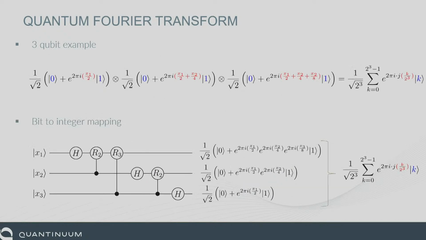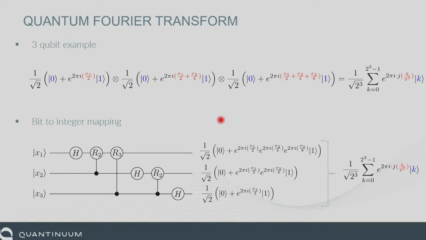But basically, you can map from the non-Fourier coefficients into the Fourier coefficient states. You've got your bit string state, and it goes to this Fourier basis state.